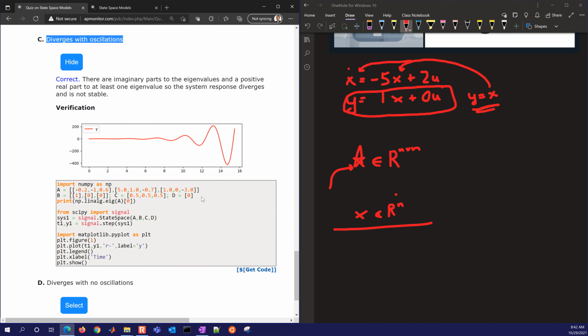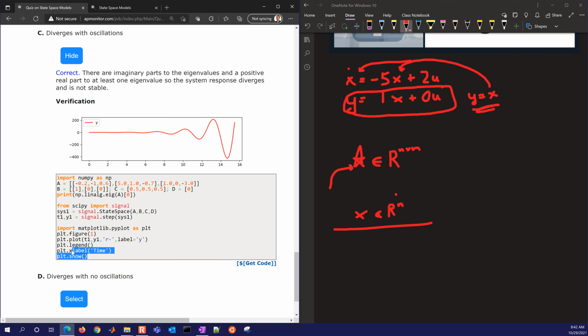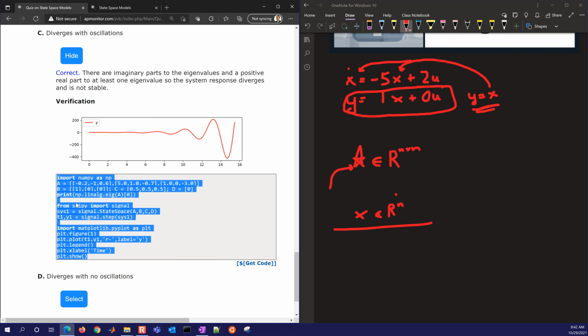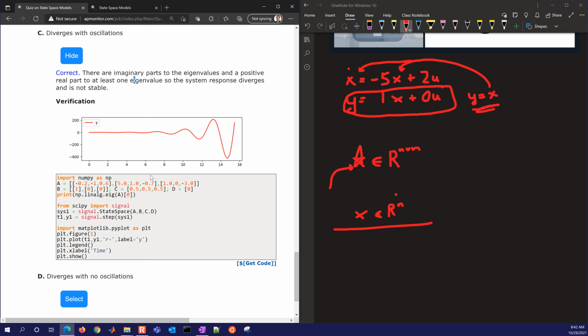And then we can just verify that. Here's some source code that you can use if you want to. Plug that into Python, and in this case I've set this up as A, B, C, D matrices.